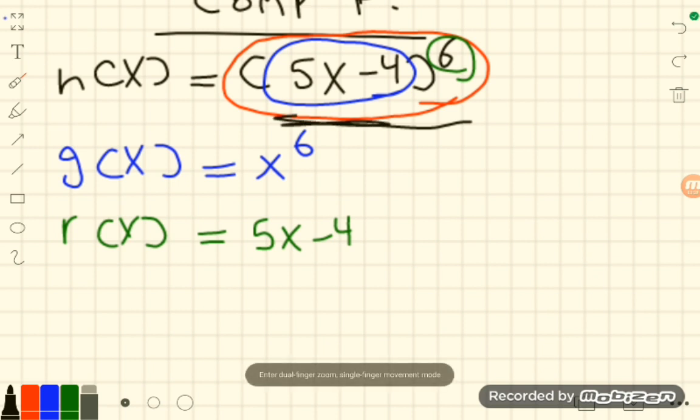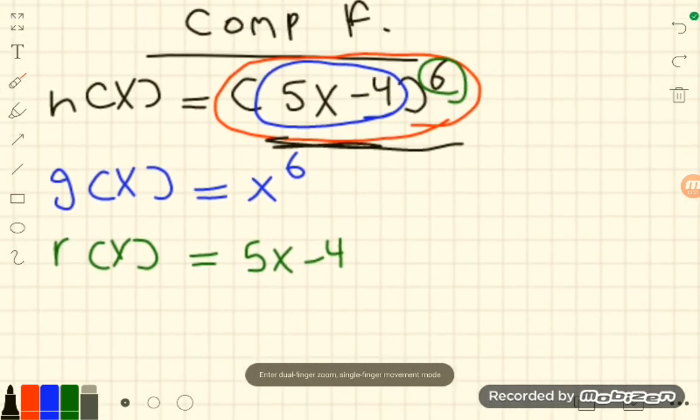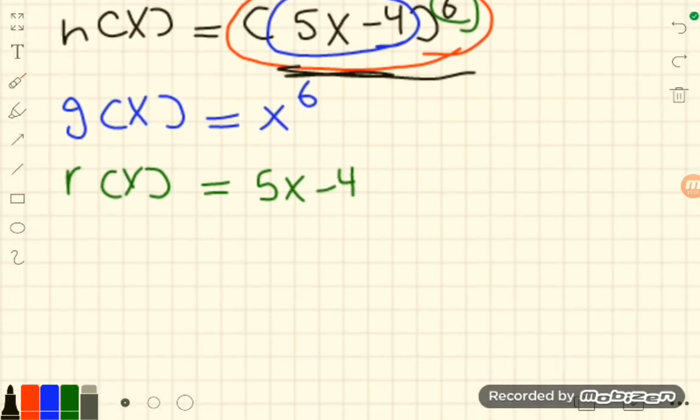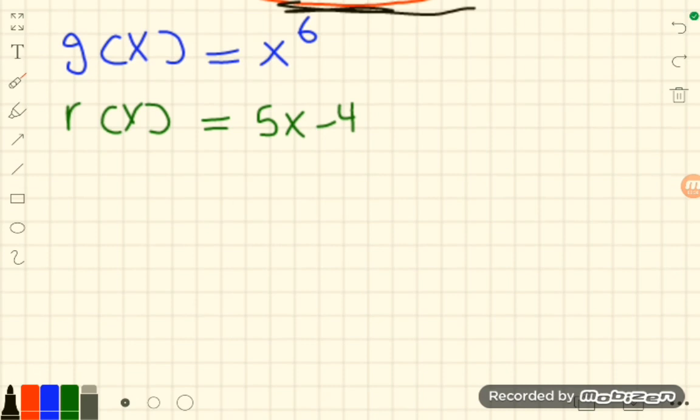All right, so we now know that h of x is equal to (5x minus 4) to the 6th power, and we have two composite functions that form up h of x, which is a large function. And I want to differentiate it. I want its derivative. So I'm going to say the derivative with respect to x, d/dx, of h of x.